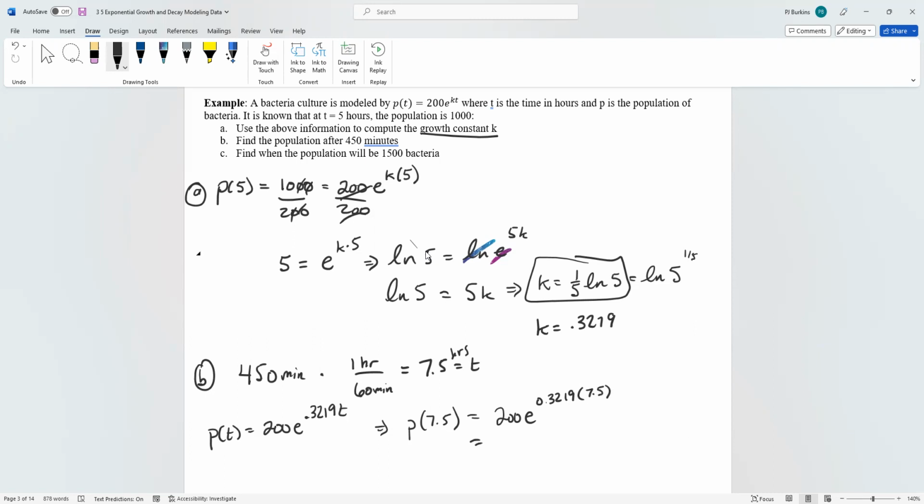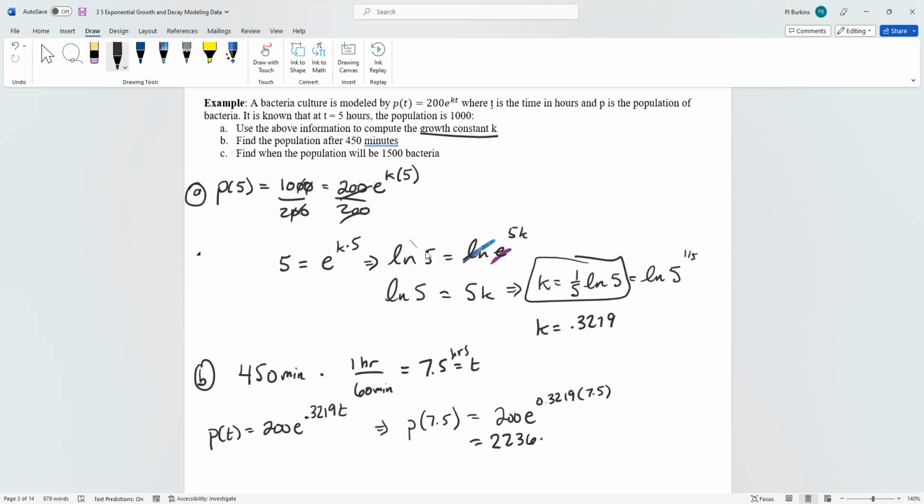All right, so I'm going to go ahead and just calculate that off screen here real quick. I have full faith that you guys can type this into your calculator. I come up with 2,236. And let's see, do they tell us? They don't tell us what to round to.